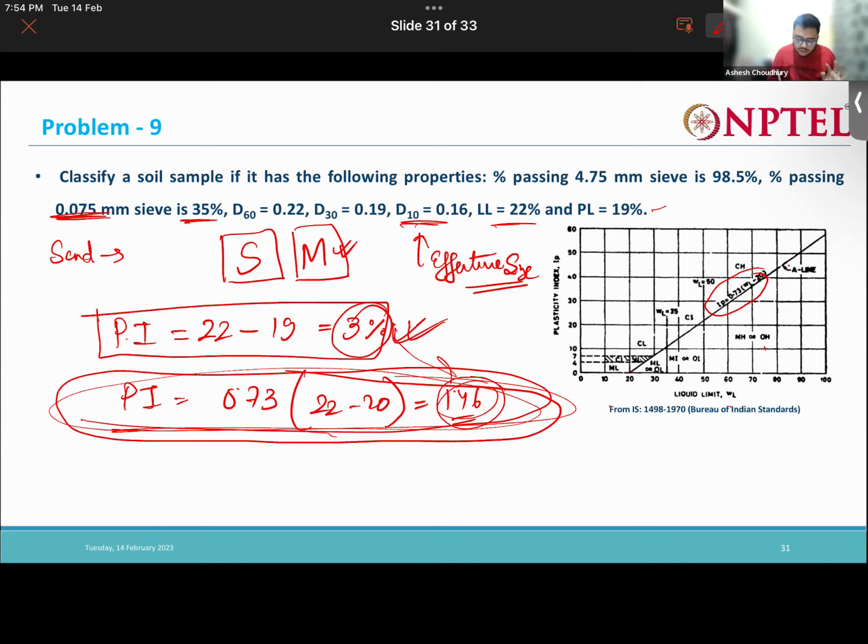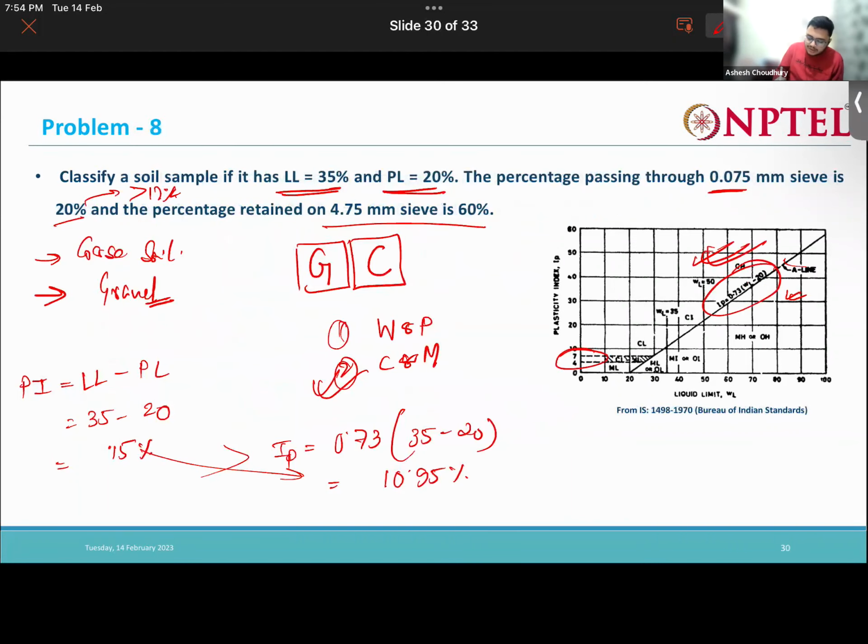Then you wrote your plasticity index, 22 minus 19 is equal to 3%, done. Then, like in all the previous problems, you found the plasticity index from the A line, and said that as it is greater than this, it is above the A line, so our soil is clay. Correct.